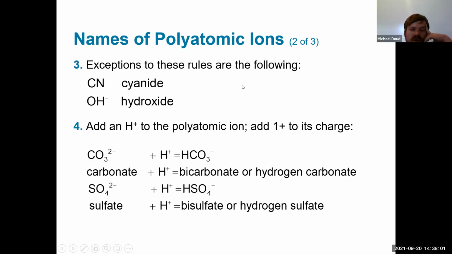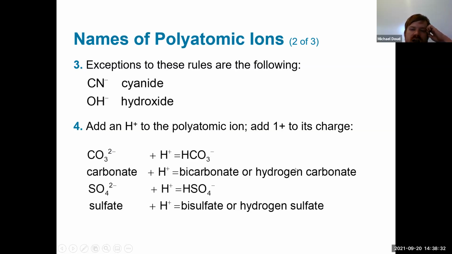Now there's another rule that I didn't really explore here, but when you add an H+, which is a hydrogen ion, to a polyatomic ion, you add +1 to its charge and just add the word hydrogen in front of it. So like carbonate, for example, is CO3 2-. When you add an H+ to it, it becomes HCO3-. So you get an H and one fewer negative charge, or +1 to charge, is a way you can think about it.